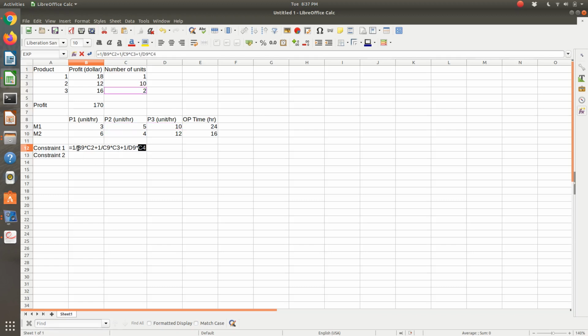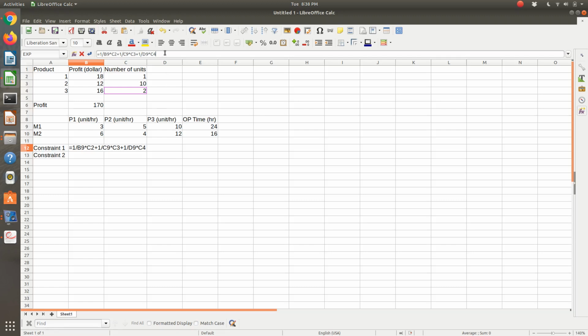So it's essentially the required number of hours per unit times the number of units, and I sum that over all 3 products, so that'll be the total time required to produce those 3 products on machine 1.